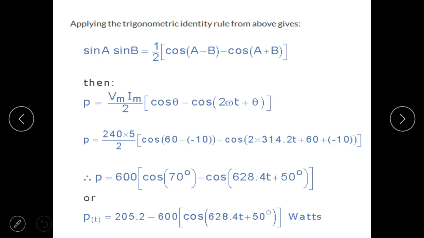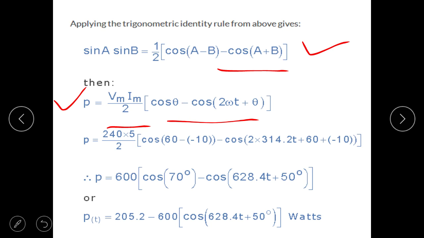Now, sin A sin B is equal to one half of cos(A minus B) minus cos(A plus B). So P is equal to Vm Im by 2 into cos theta minus cos(2 omega t plus theta). So P is equal to 240 into 5 divided by 2 into cos(60 minus (minus 10)) minus cos(2 into 314.2 t plus 60 minus 10 degrees).